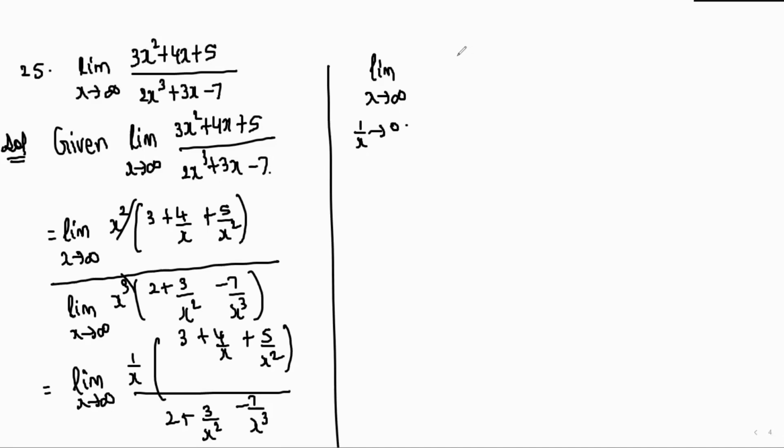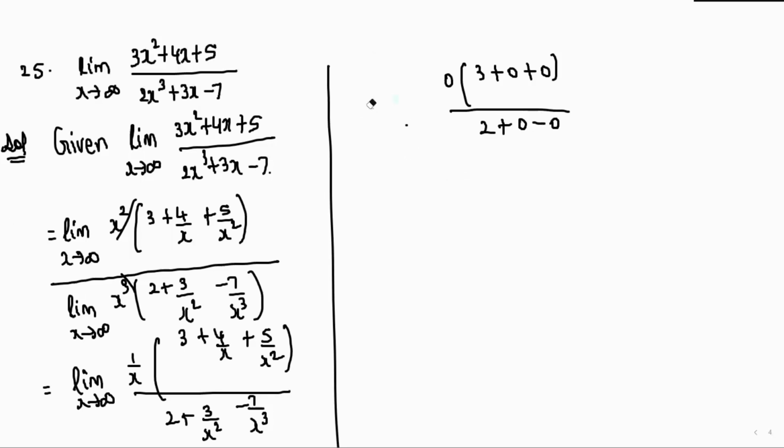So we have 0 into (3 plus 0 plus 0) by (2 plus 0 minus 0). Here I am substituting the limit, so over here 1 by x tends to 0. So that is 0 into 3 by 2, which is equal to 0.